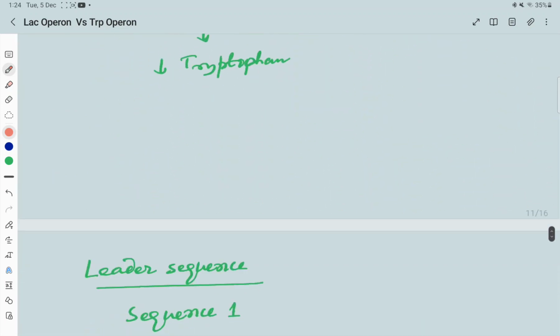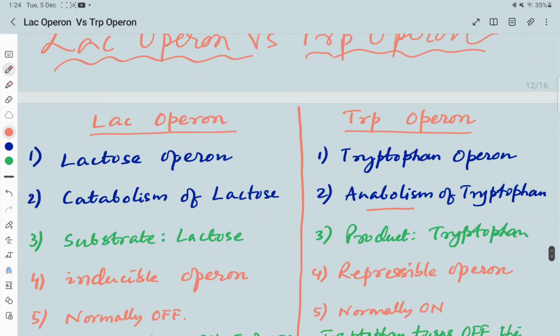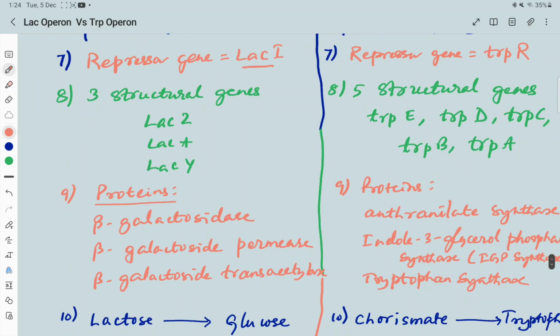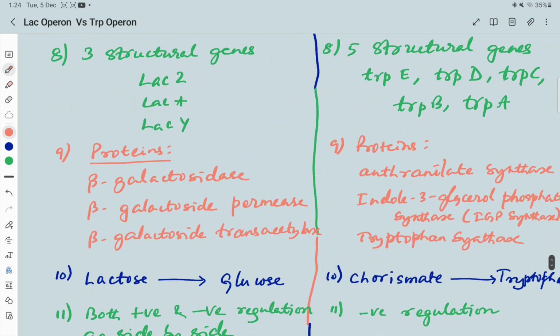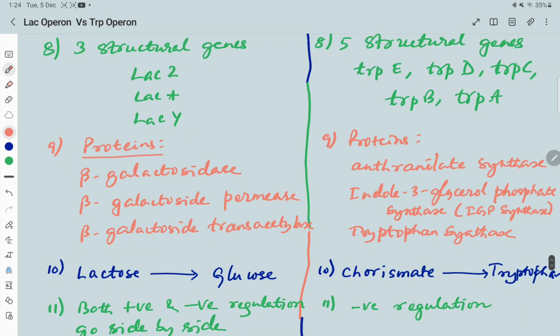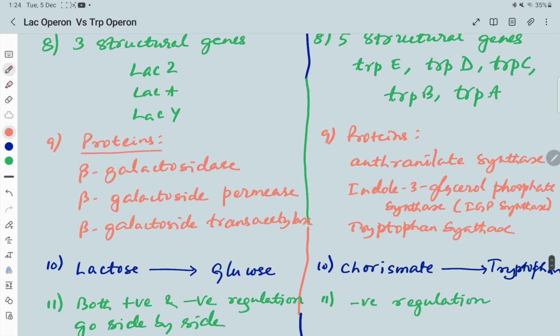The proteins, so three enzymes are there: beta galactosidase, beta galactoside permease, beta galactoside transacetylase, and here also the enzymes synthesized are anthranilate synthase, PRA isomerase, indole 3 glycerol phosphate synthase, tryptophan synthase.